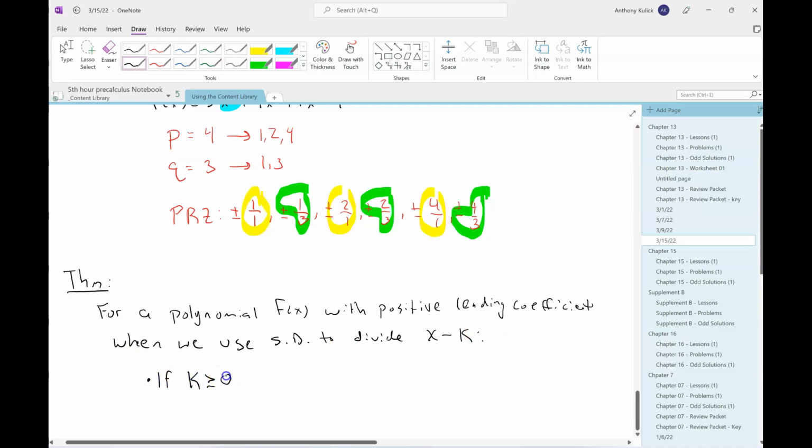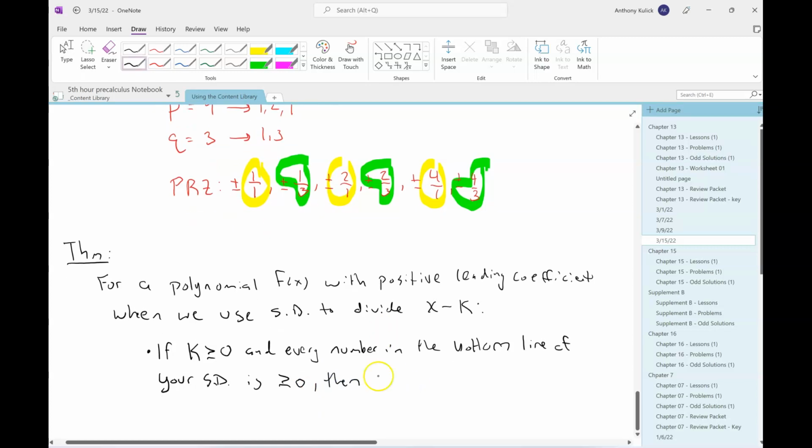If that k is non-negative and every number in the bottom line of your synthetic division is non-negative, then k is an upper bound for all your real zeros.